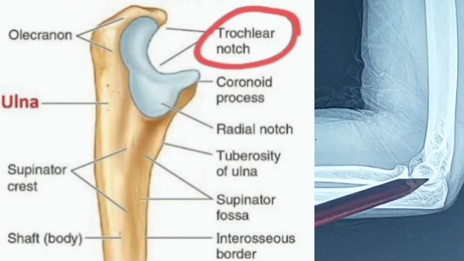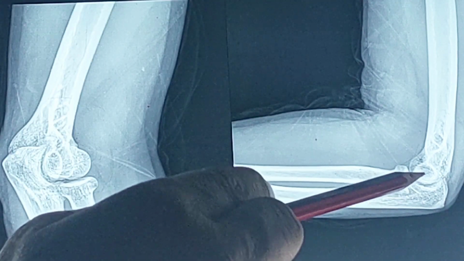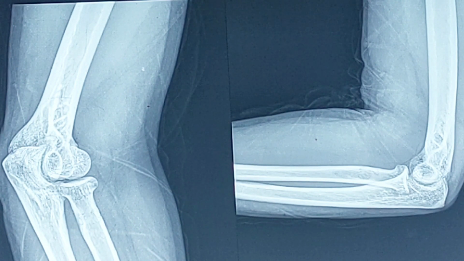This trochlear notch fits with the trochlea of the lower end of the humerus. So the trochlear notch is also an important feature of the upper end of the ulna on its anterior aspect.